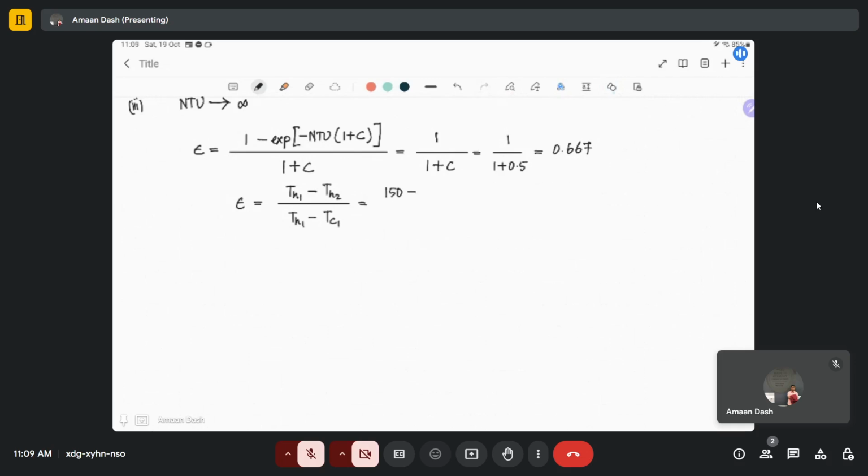We have to find out this TH2, the minimum temperature we can cool it down to. So TH2, and this is 150 minus 25. If you do this, you can obtain TH2 equal to 66.62 degree Celsius.